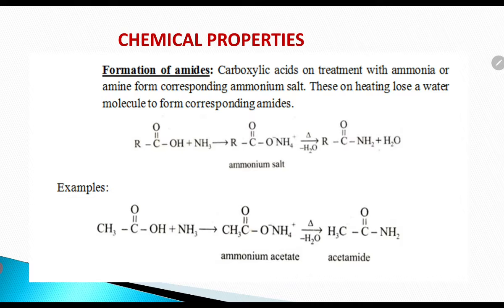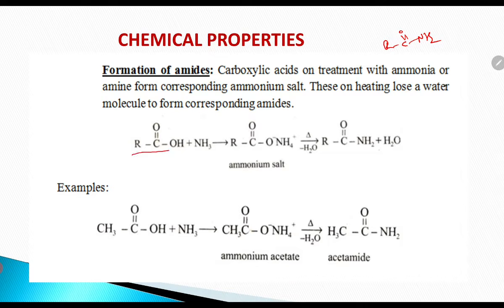Next, formation of amides. Amides are compounds having the general formula RC(=O)NH2. That is, the OH group of the carboxylic acid is replaced by an NH2 group. Carboxylic acids on treatment with ammonia or amines form the corresponding ammonium salt.